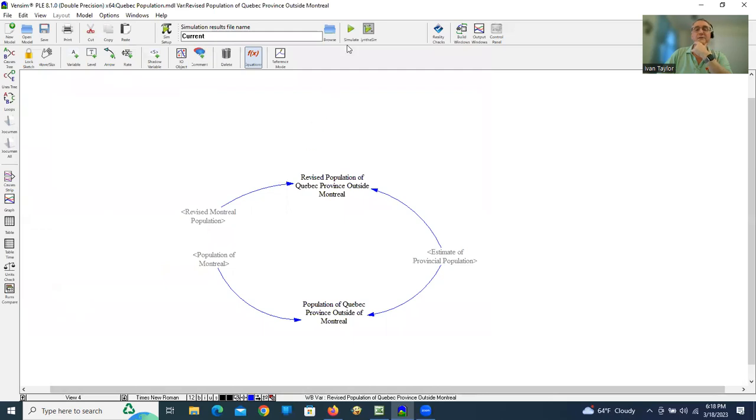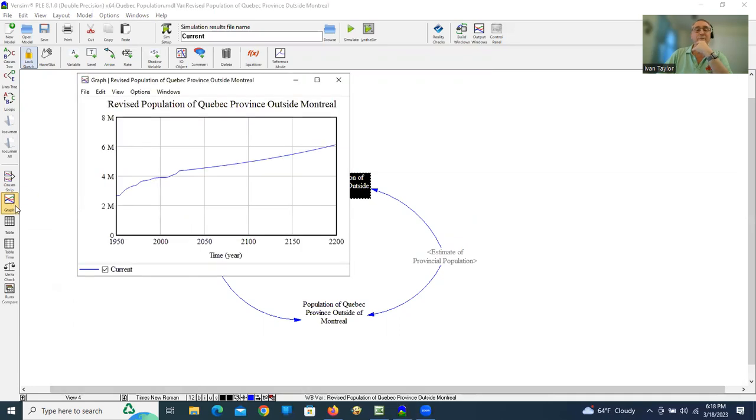And if we run this now, we get, I think, a more realistic view of the population of the province outside of Montreal.